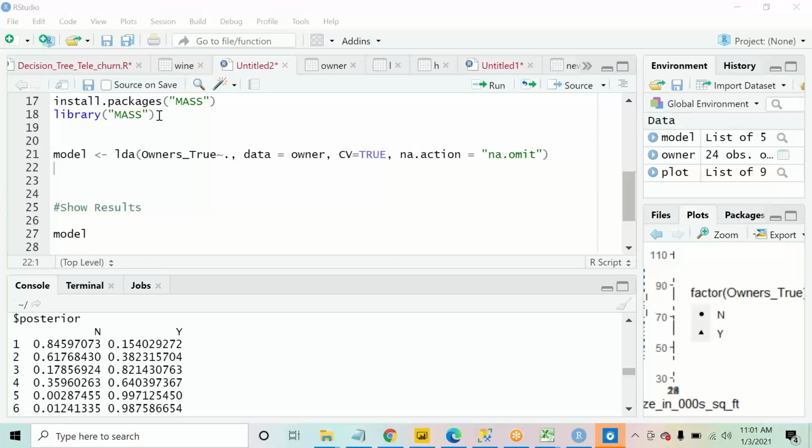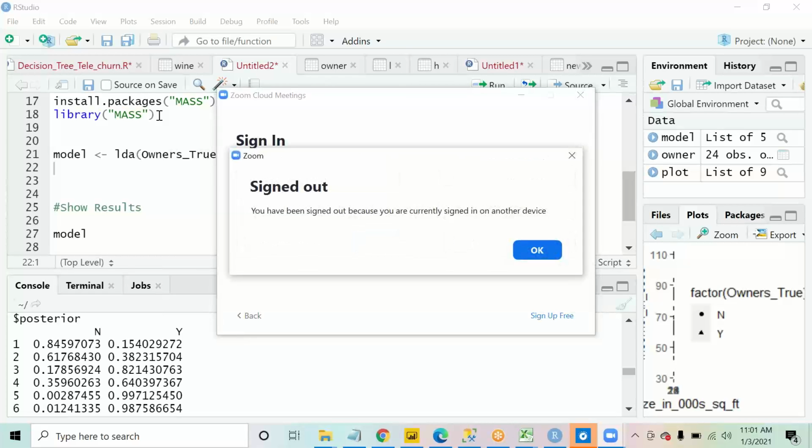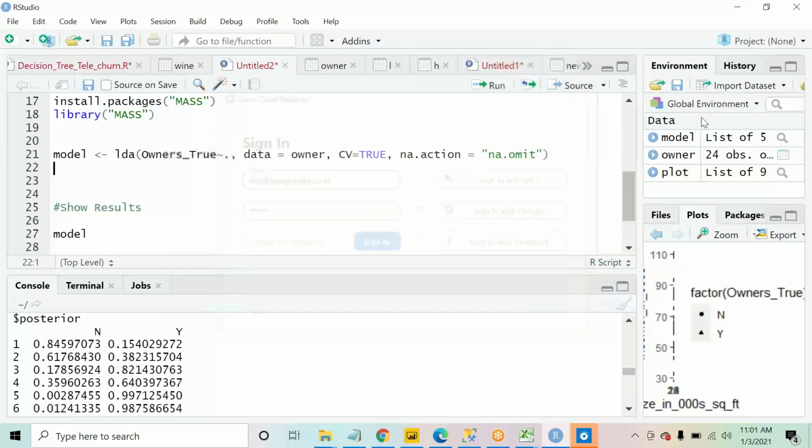Anyone who has done it? It's a simple predict function that we have to use. Okay, so let's do that.